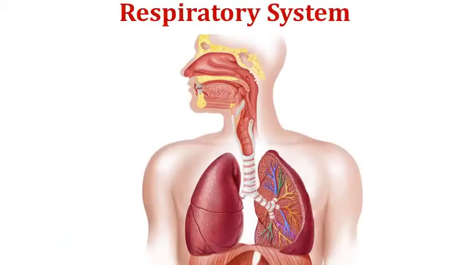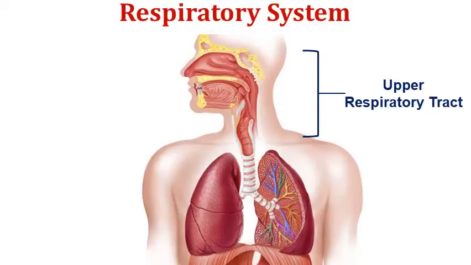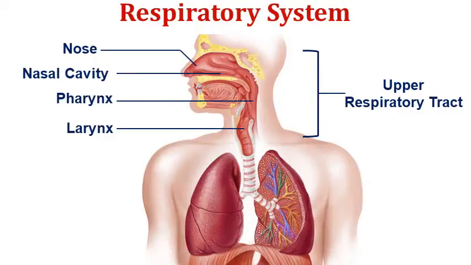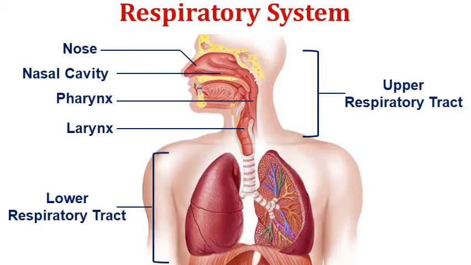Structurally, the respiratory system is divided into two parts. One, the upper respiratory tract, which includes the nose and nasal cavity, then the pharynx, and later on the larynx. The second part is the lower respiratory system, which includes the trachea, also known as the windpipe.